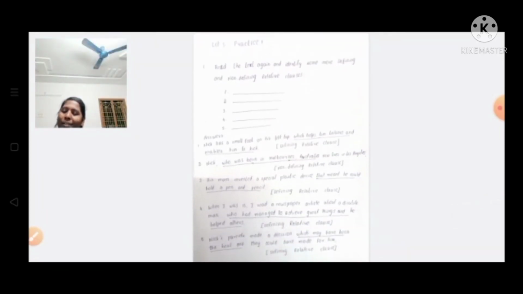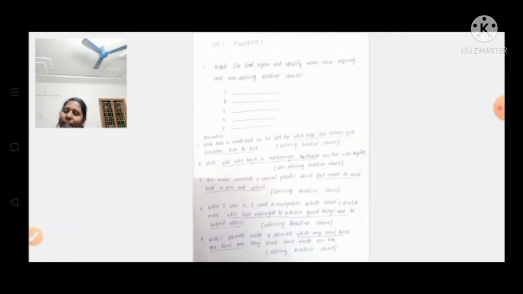Let's practice one. Read the text again and identify some more defining and non-defining relative clauses. Answers.